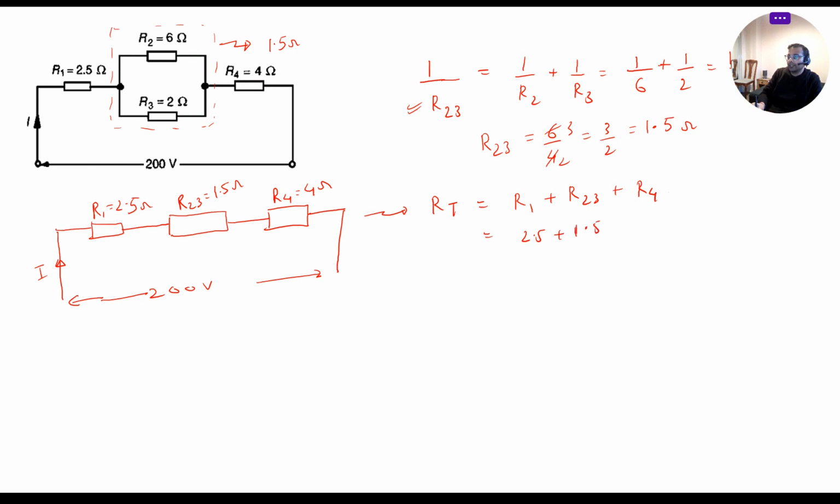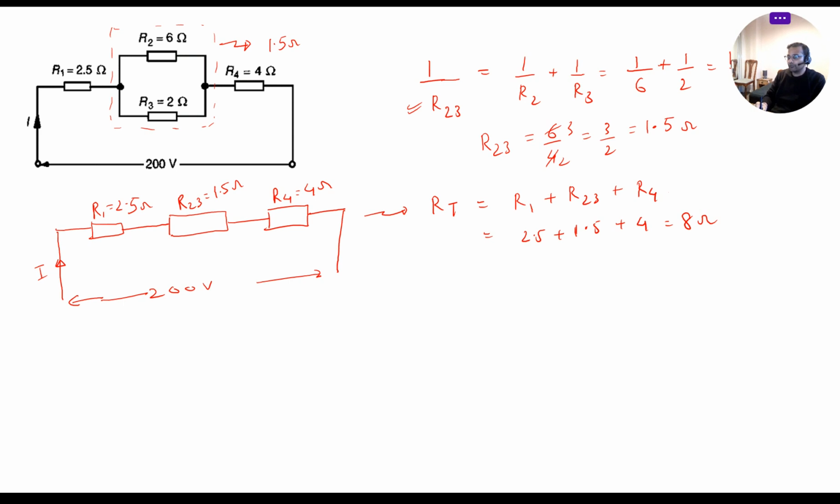So 2.5 plus 1.5 plus 4. 4, 5, 6, 7, and 8. So we'll get 8 ohms as the equivalent resistance for the circuit.